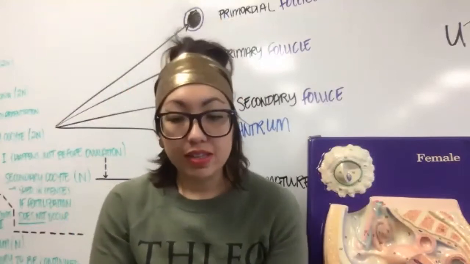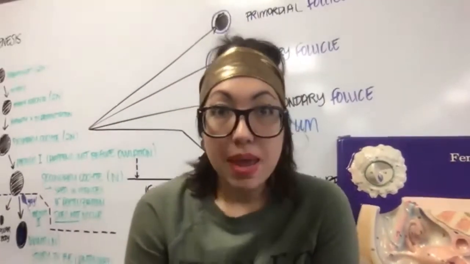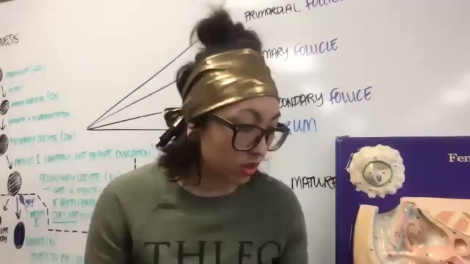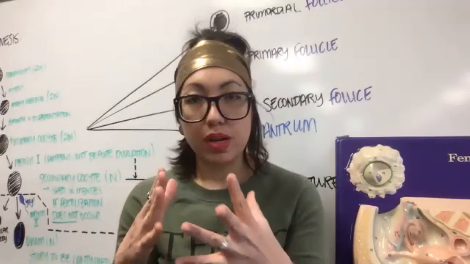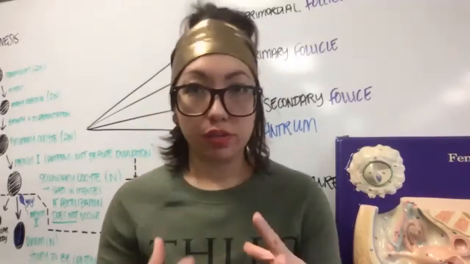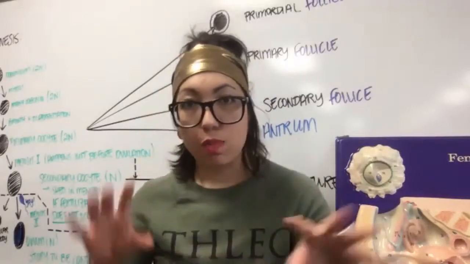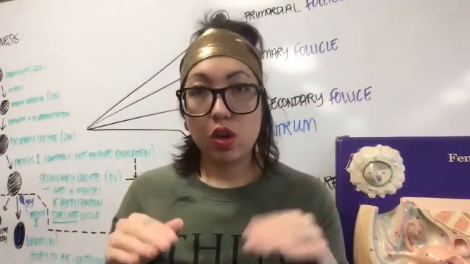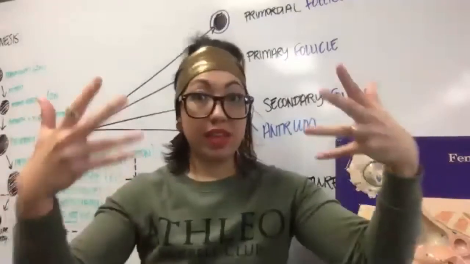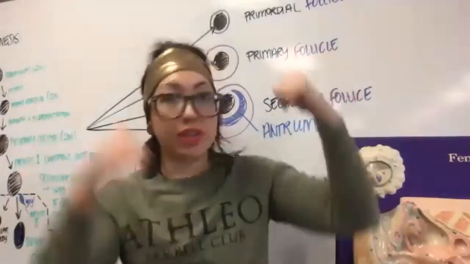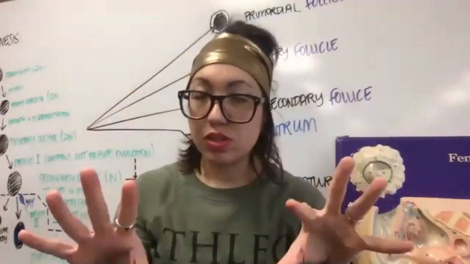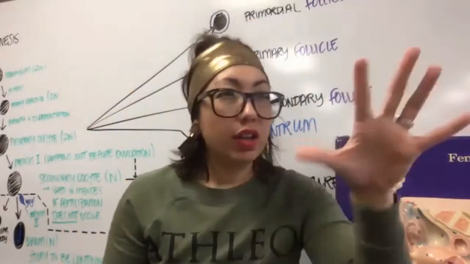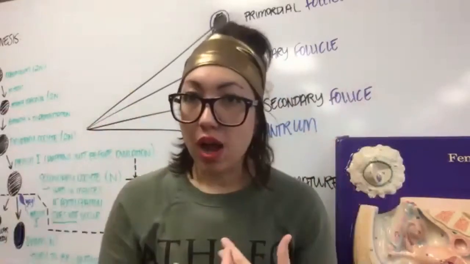Cones are responsible for your sharp acuity color vision, and rods are more your contrast, black and white. During daytime, when you're trying to focus on the colors behind me, you're mostly using your cones. At nighttime, when you're driving and looking for road signs, you're mostly using your rods.